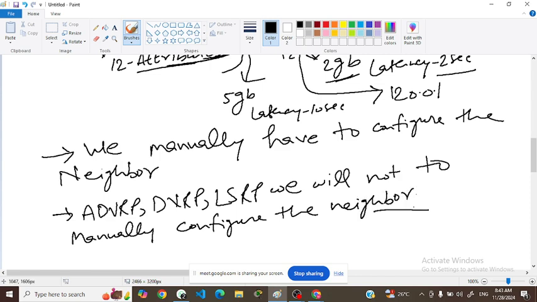I will show you how they directly send the hello packet, and on the basis of the hello packet exchange, they decide this router is my neighbor.